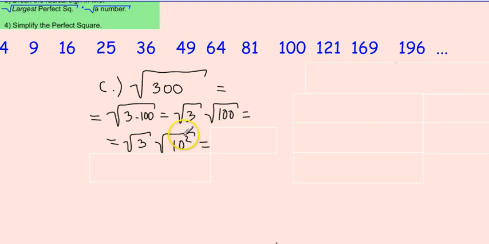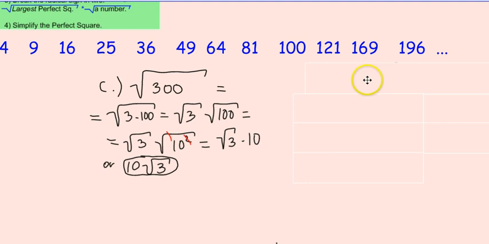Again, this means that you are canceling second power and square root since they are opposite operations, and you have square root of 3 multiplied by 10. Since it's more appropriate to write coefficient right in front of variable, we will rewrite this answer as 10 square roots of 3. Please continue on your own with the example D.